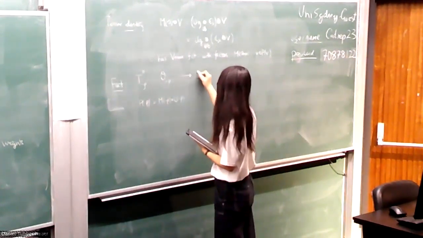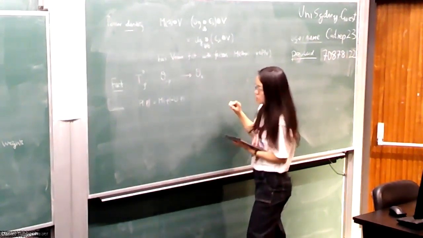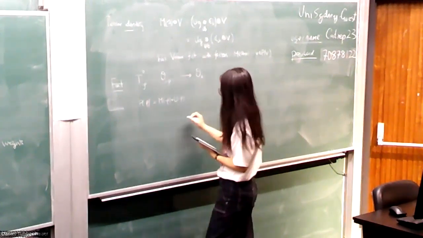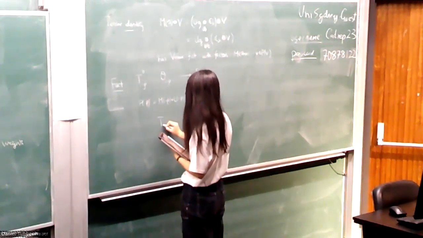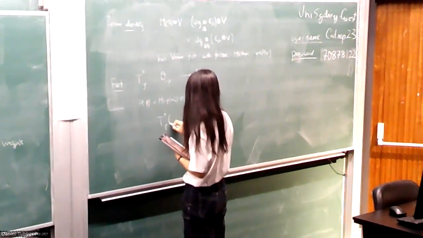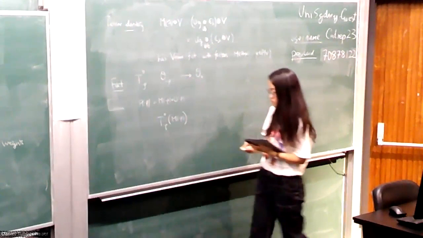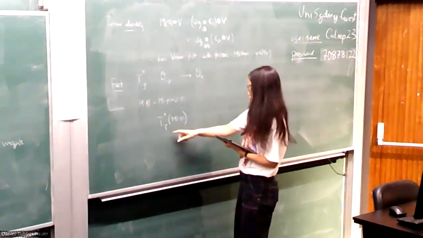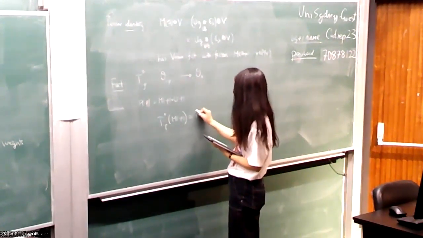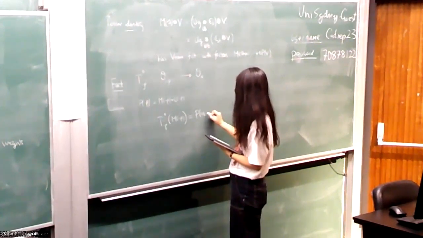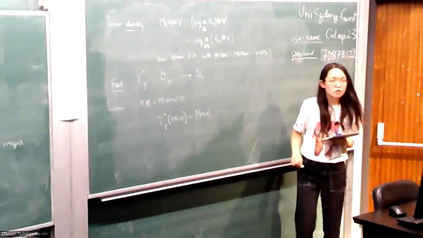And when you translate to O_0, what you get is actually the anti-dominant projective P(w_0).